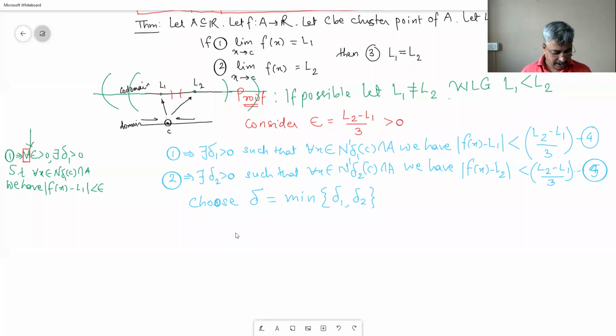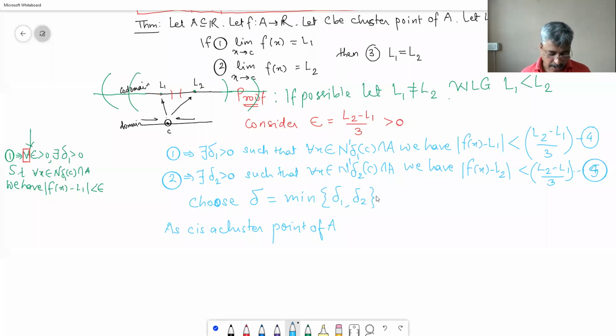Since C is a cluster point of A, there exists x naught belonging to A intersection deleted delta neighborhood of C. What will this x naught do?